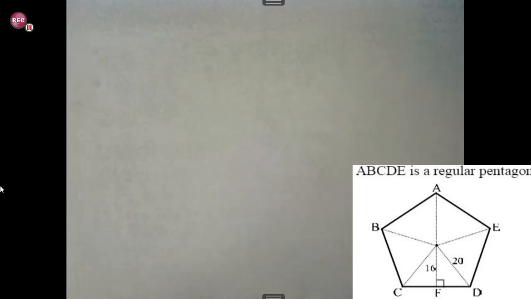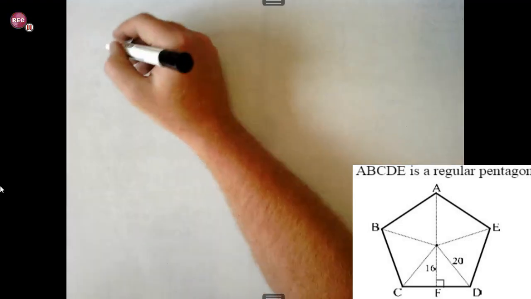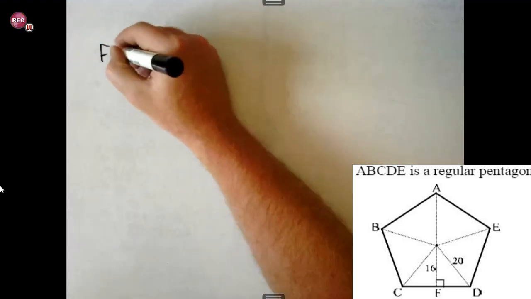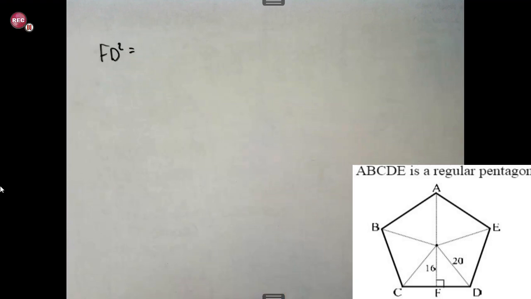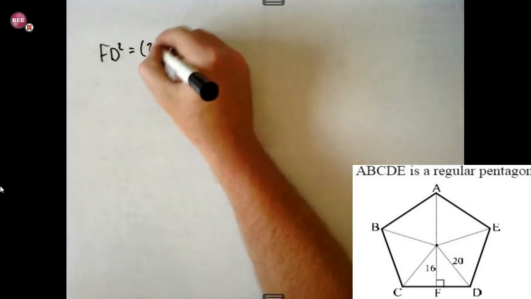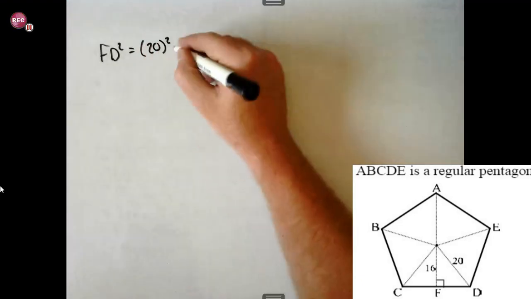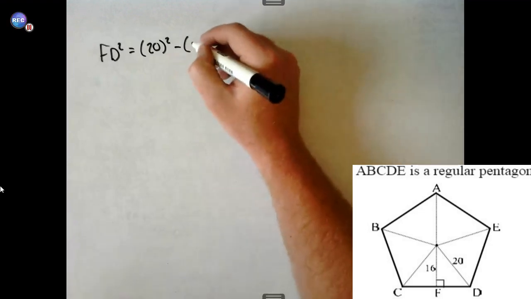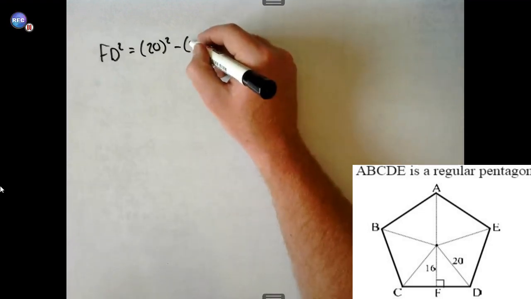So, starting off with Pythagoras. We're going to calculate for side FD. So FD squared, we're calculating for the base, so we subtract the height from the hypotenuse. The hypotenuse is 20. The height of that triangle is 16.